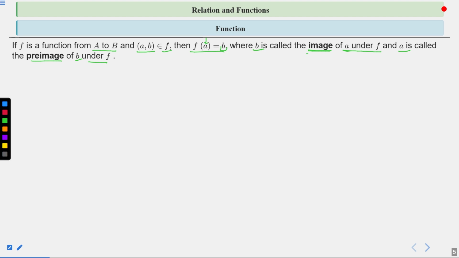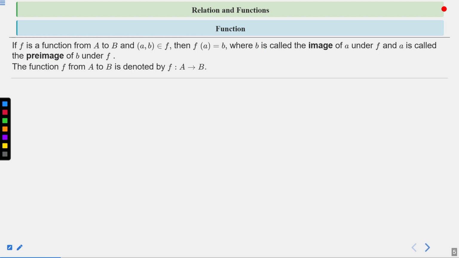Or you can say that the first element will be your pre-image and the second element will be your image. Clear? And we denote a function from A to B like this: f is a function with domain A and codomain B. This we call the domain of relation f, or in this context function f, and this set will be the codomain. Clear?